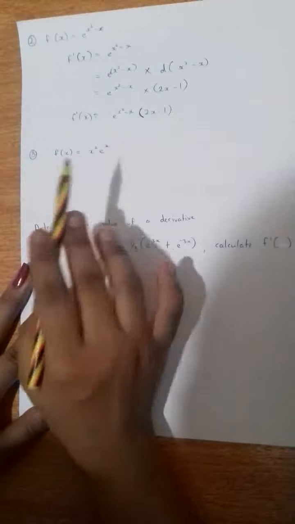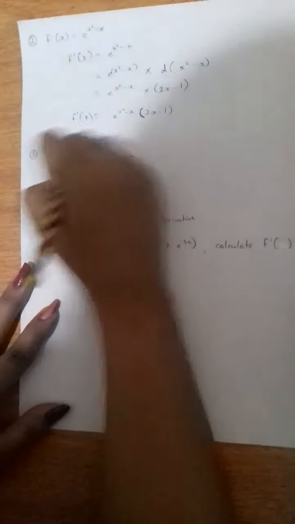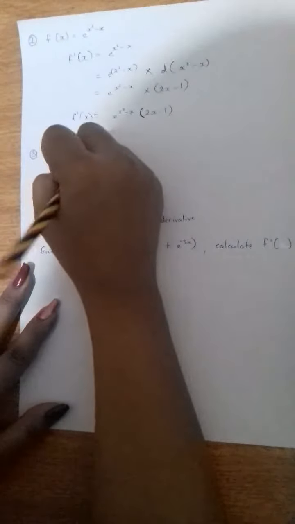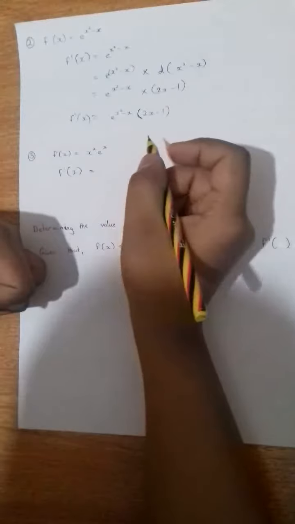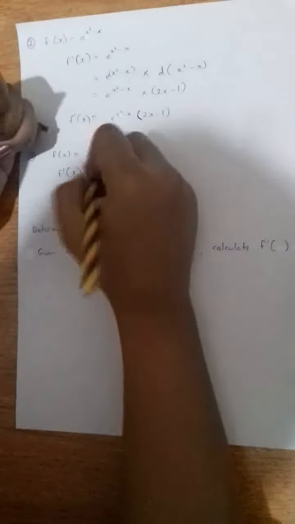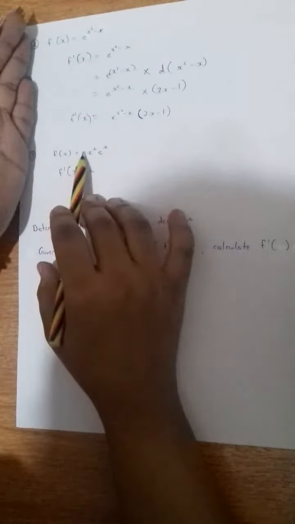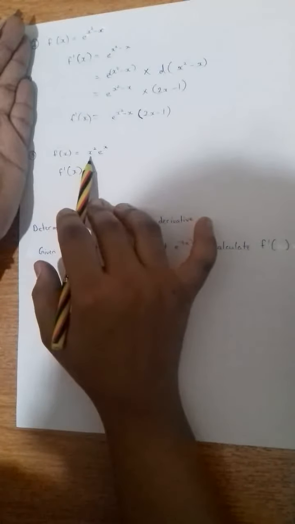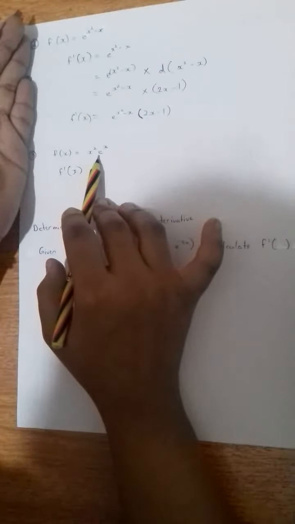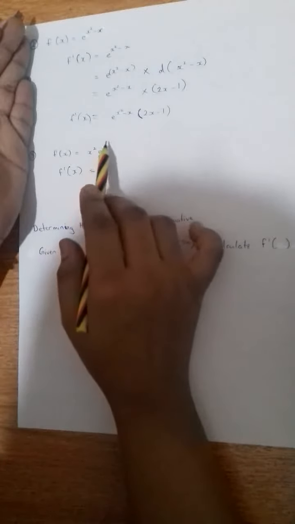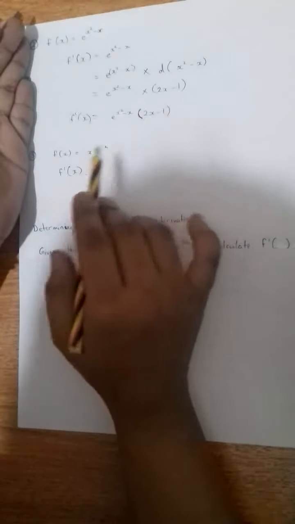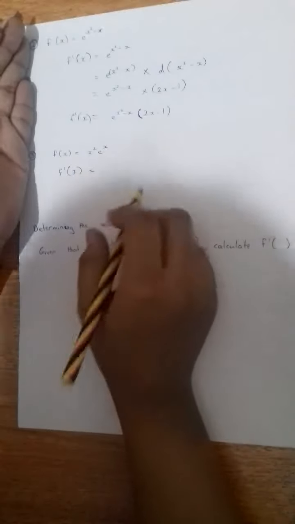With the product rule, we first take the derivative of the first value and multiply it with the second value, and then we add the original first value times the derivative of the second value.